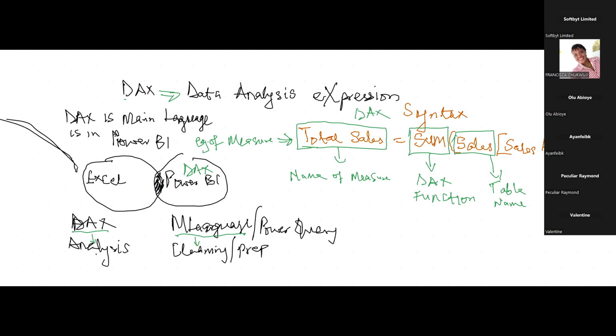This is a table, and then this is the column of the table. The DAX function picks the column from the table. It does the calculation on the column. Of course, there is no column without a table. So it does the calculation on the column from this table, and it returns a single number because it's a sum.